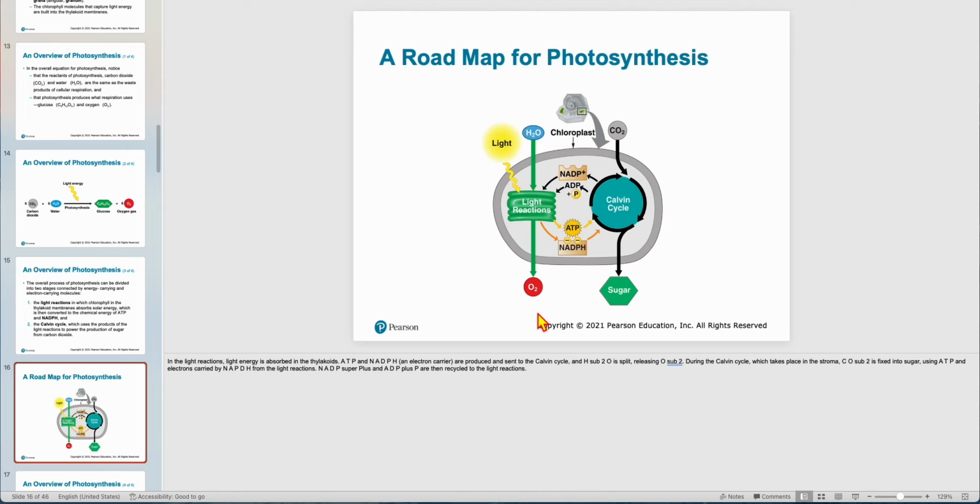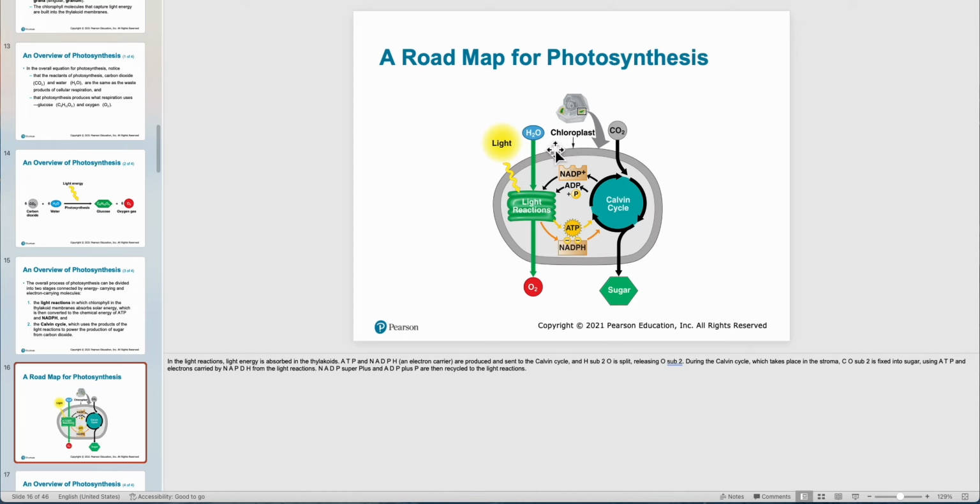That's where our oxygen is coming from. We can't do that, but plants can. Plants can take light, split water, and that oxygen that comes out of the water is the oxygen that we breathe.